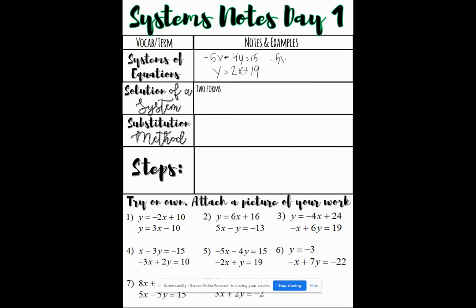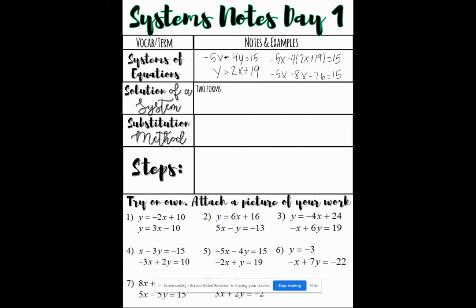We still have -5x minus 4 times 2x plus 19 equals 15. Now I don't want to do this calculation on the top of my head, so we can use a calculator. So we have -5x minus 8x. -4 times 19, we get -76 equals 15.